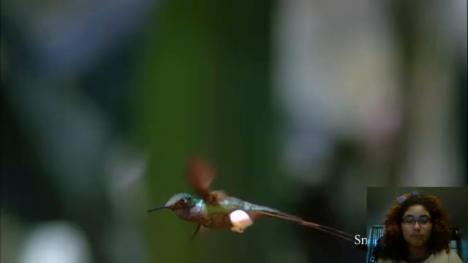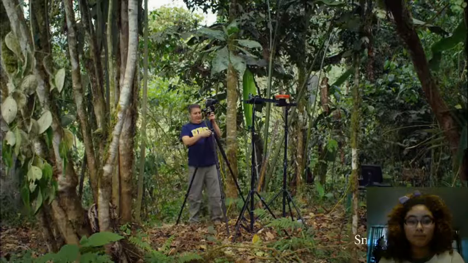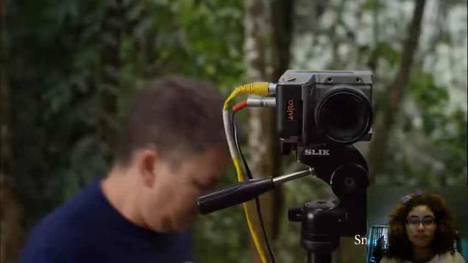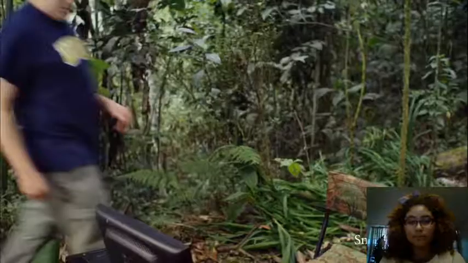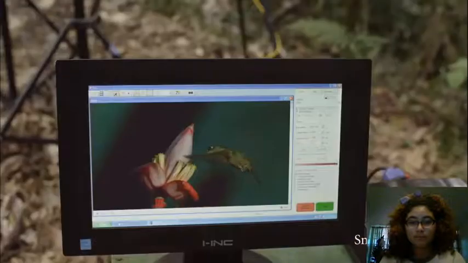They can hover. And the approach that we've taken is to study how those physiological and anatomical adaptations determine their hovering ability. Using high-speed cameras, he records the mechanics of their flight in minute detail. He can slow down the action by around 40 times and so observe exactly what's taking place.